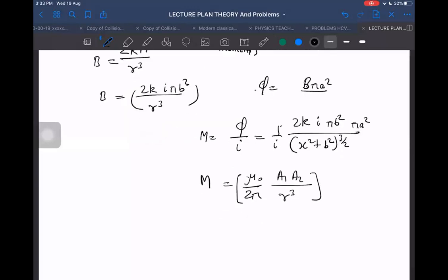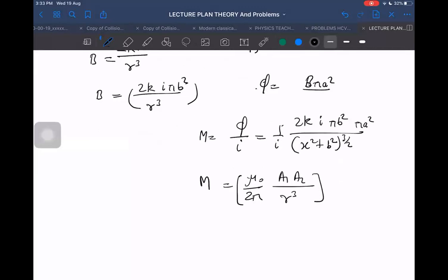It is the same thing, only in short form. See, 2K is there, I think. Yes, that is 2K only. Mu naught upon 2 pi means 2K only. Why should I write that? It will be much easier if I write it this way: 2K. And in fact, it will be even better if I write it this way also: A1 dot A2.